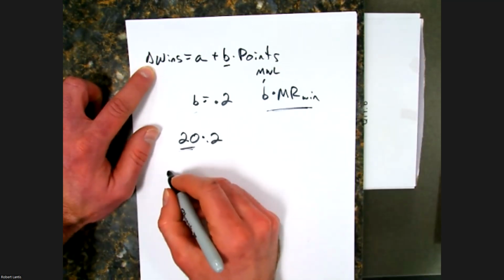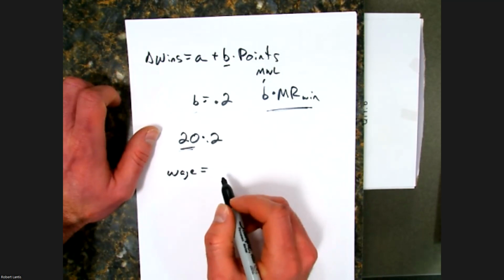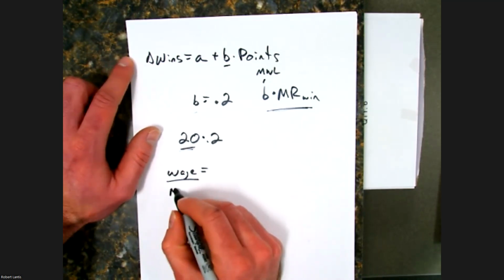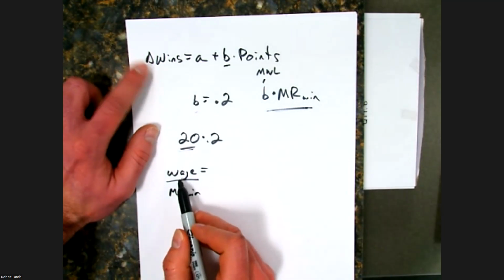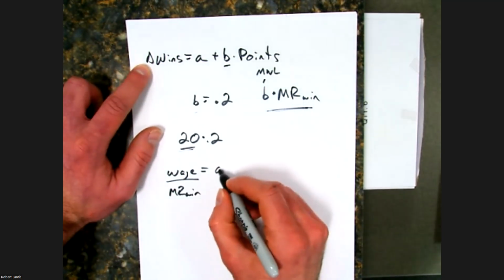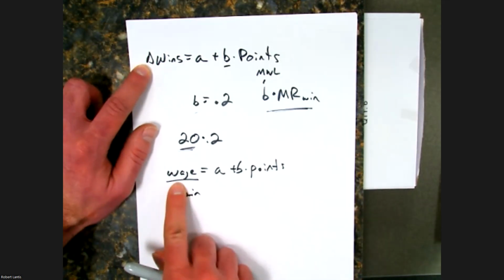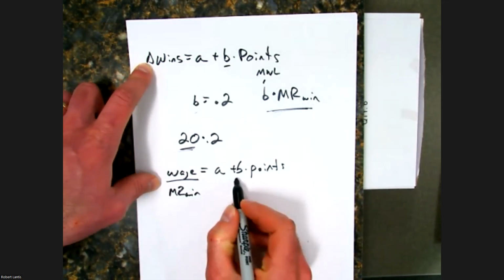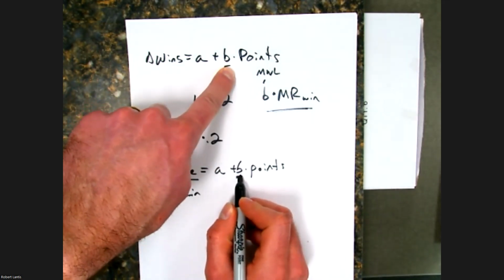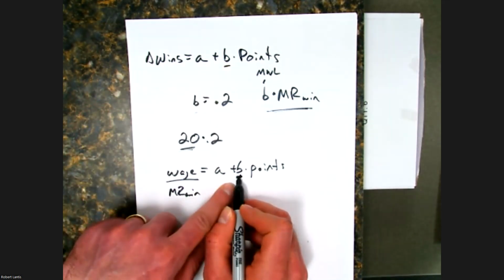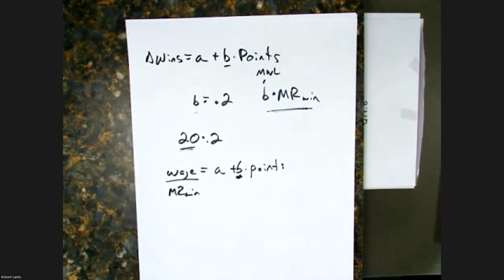I probably would want to divide this by the marginal revenue per win so that it gives me the predicted number of wins, and then run that same regression, using the actual wage that was paid. Now this coefficient will tell me how far away it is from what it actually should be.